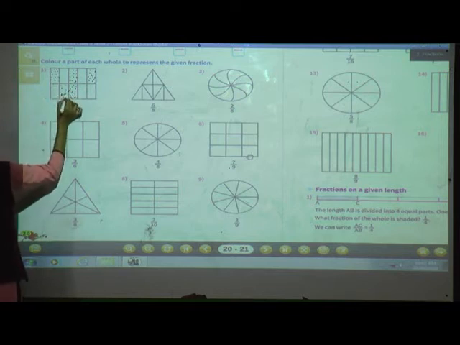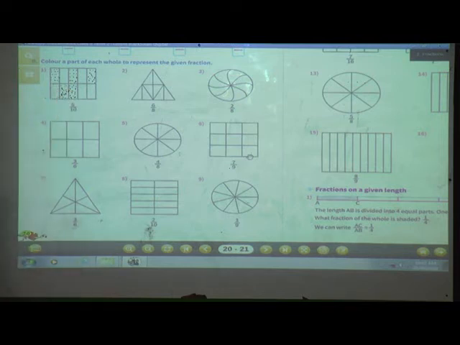Any 5 parts you can color. Okay, so if the fraction is 5 by 10, means this whole is divided into 10 equal parts. You can count all the parts. There are 10 equal parts, and out of those 10 parts we have to color 5 parts. Okay, so 5 by 10, in this way we can show.